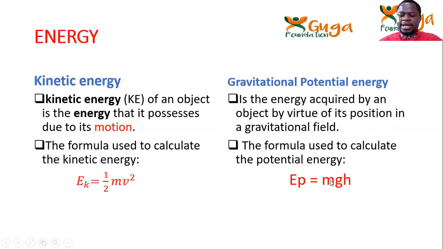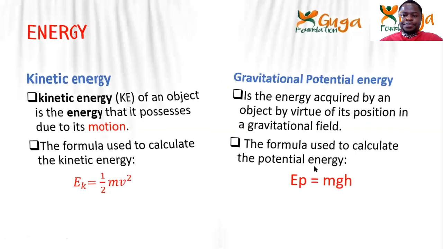Note here, guys, that this mg is weight. That's why we say by virtue of its position, the position being height in a gravitational field. So this mg is Fg, so it will be Fg multiplied by h, where Fg is weight, which is mg.